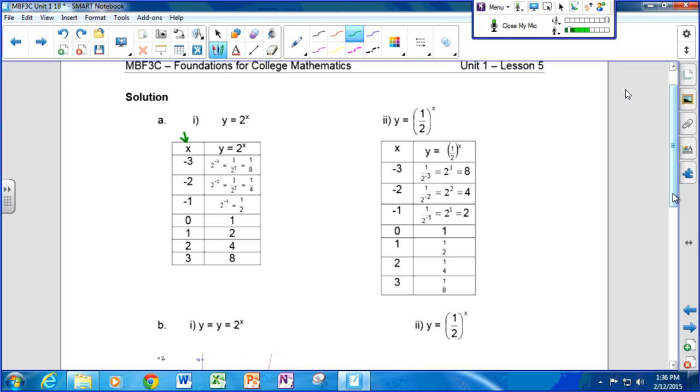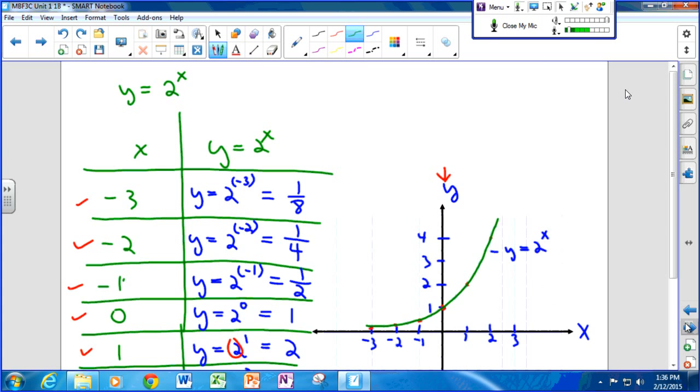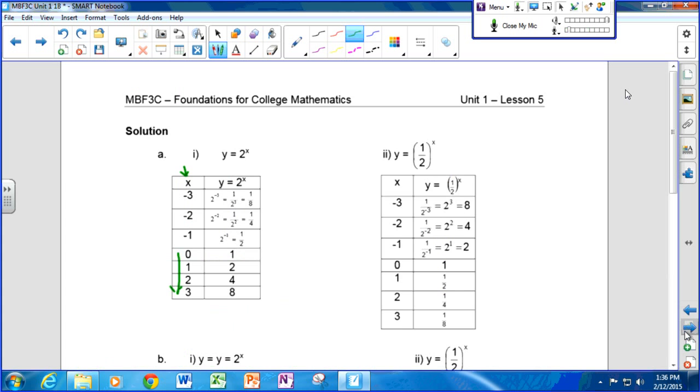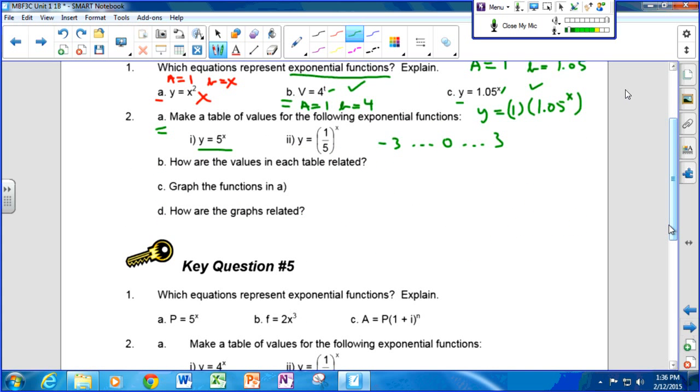It's pretty obvious we're going from lowest to highest when we start looking at 0, 1, 2, 3, but it may be a little less obvious when you start with negative numbers. Then it says how are the values in each table related, and then graph the functions. How are the graphs related?